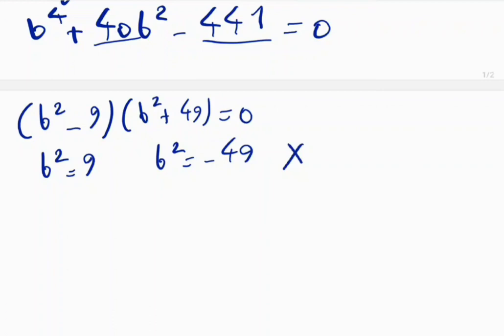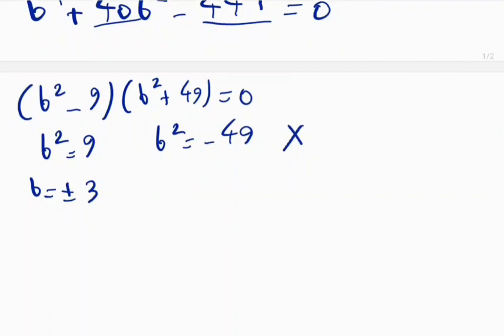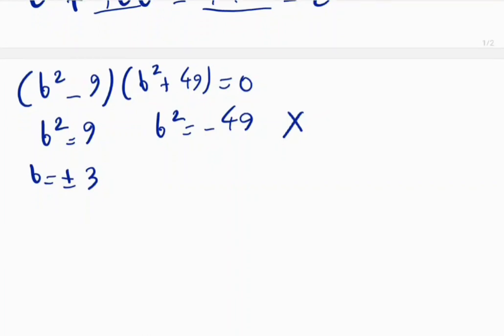Now let's look at the other one, which is b squared is equal to 9. That gives us two values, so b is equal to plus or minus 3. And here is the part that we should be so careful. Obviously one of these is the correct one, but let me use both of these values of b to show you what will happen in each scenario.